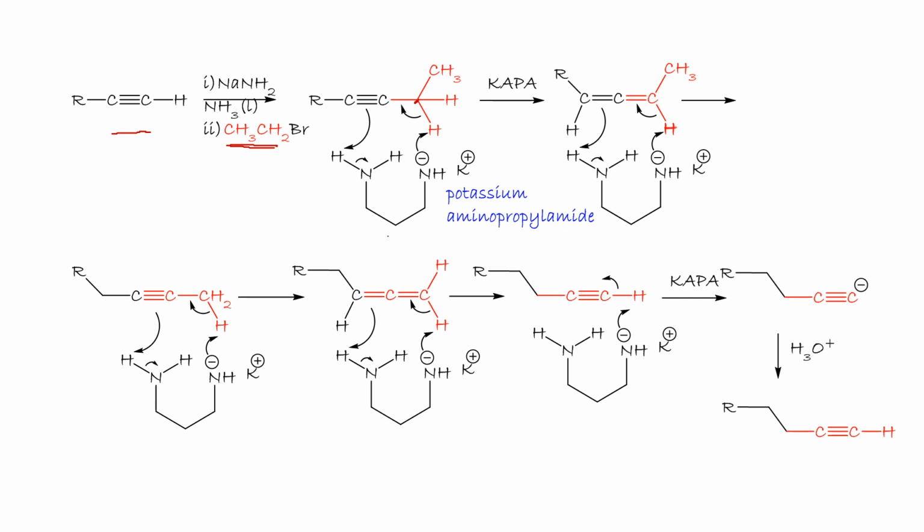Now treating this with a reagent like potassium aminopropylamide, which has two sides, one acts as a base and one acts as an acid, abstracting a proton, forming a double bond, abstracting hydrogen and forming an allene.